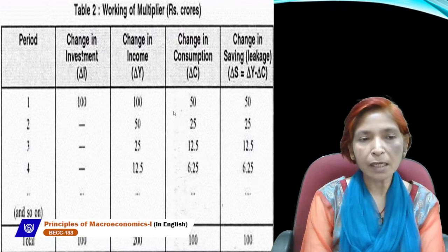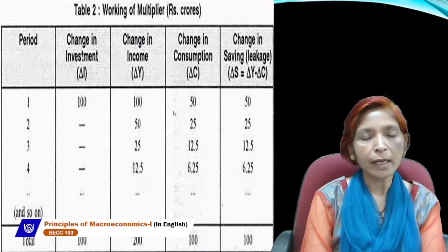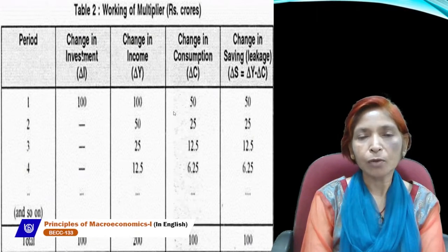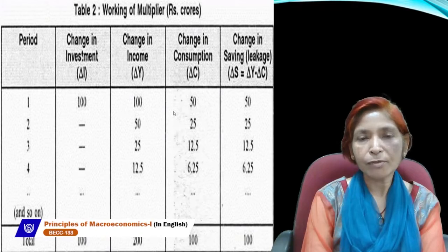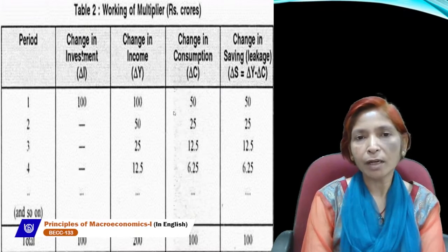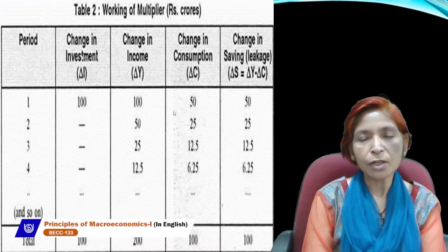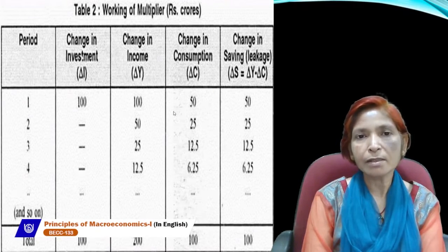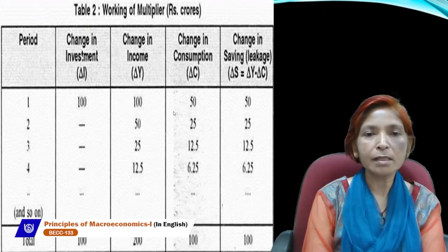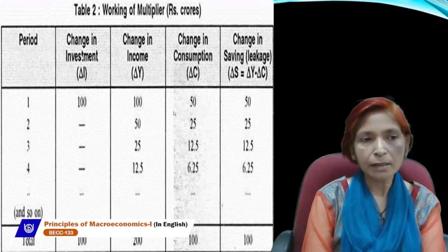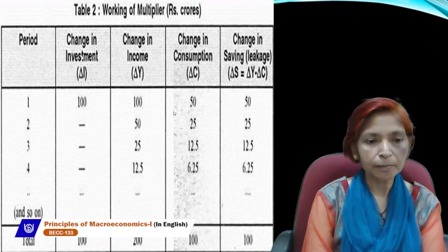If MPC is 0.5, we can first calculate K: 1 upon 1 minus MPC, 1 upon 1 minus 0.5, which is 1 upon 0.5, that means 2. It means income will increase by 2 times the change in investment.